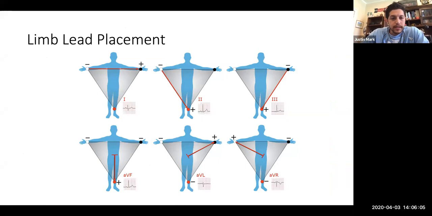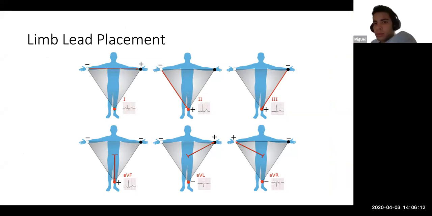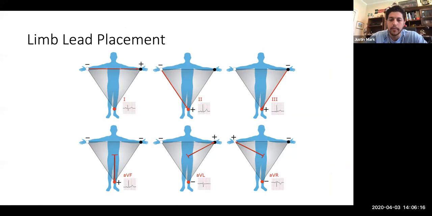As it comes to the leads, this is where it gets crazy, right? Because a lot of people don't think about this appropriately. But each one of these leads gives us some new information about a particular location on the chest. So starting with lead one, it goes from the right upper extremity over to the left upper extremity.